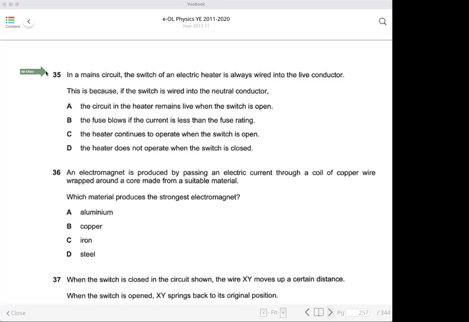Well done. Waiting for Ryan's answer. So the rest of you do question 36. Okay, for 35, the answer is A. Well done. Okay, let's do question number 36.